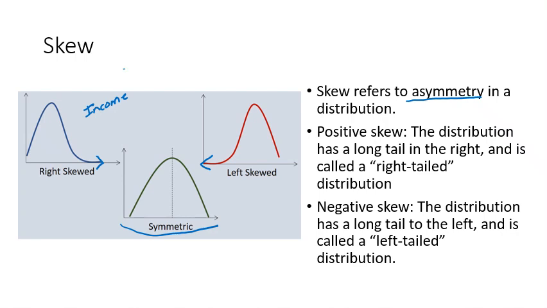It looked something like this. Most of the people had incomes that were lower, but a few people had incomes that were quite a bit higher. And so if income is along the bottom, that would be a right skewed distribution.